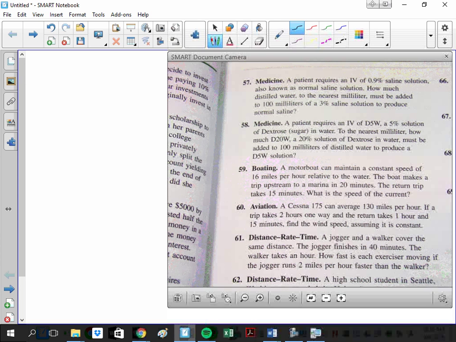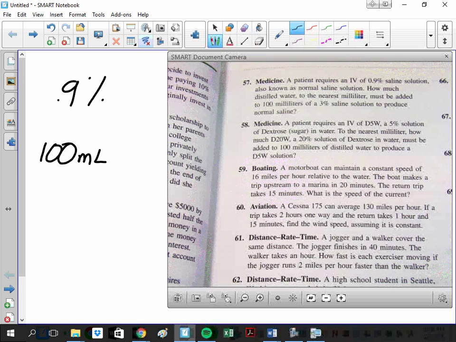So we want it to end up being 0.9%, which is just less than 1%, right? So we have 100 milliliters that has a concentration of 3%, and we're going to add pure water to the point that the saline drops to 0.9%.